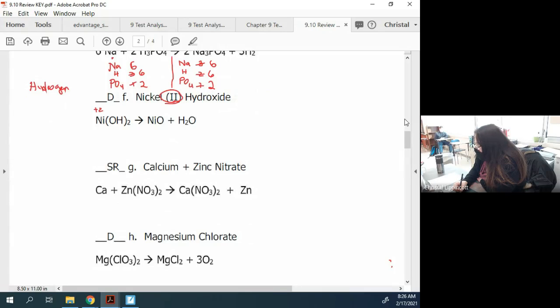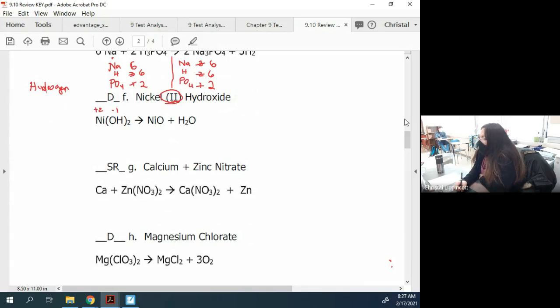I don't have to look at my periodic table. I know it's a +2. This is a -1. So if that's the case, I have to put this in parentheses and I need to get a 2 down here because I need to balance that charge.